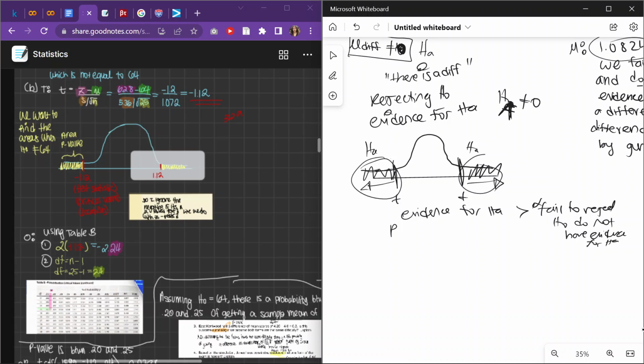But essentially this provides all the evidence that we need for HA. So I guess the p-value is the evidence that we need for HA, that we do have convincing evidence for HA, but if it's greater than the significance level, then it's not useful. Okay, that's enough thinking for today.